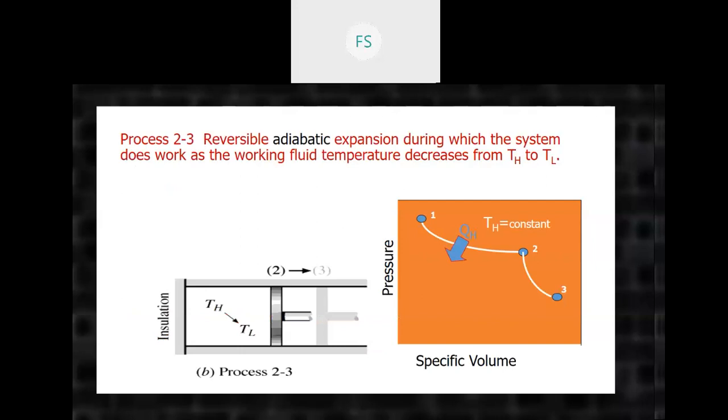If you look at the figure, the piston-cylinder device is insulated, so no heat can be transferred in or out of the system. At the same time, the piston continues to move outward, which means the specific volume increases. Due to the increase of specific volume, the temperature drops to TL.